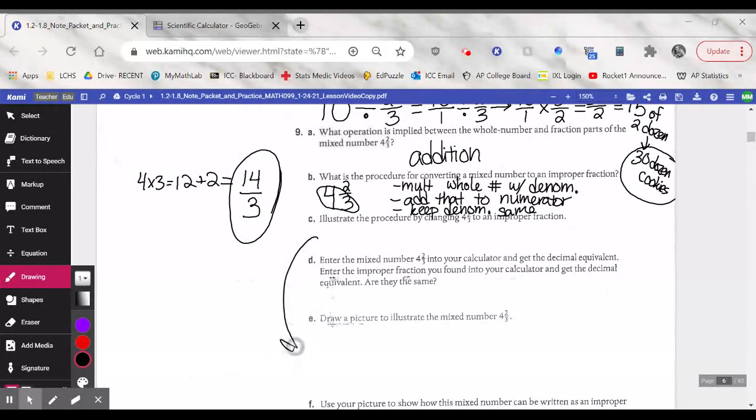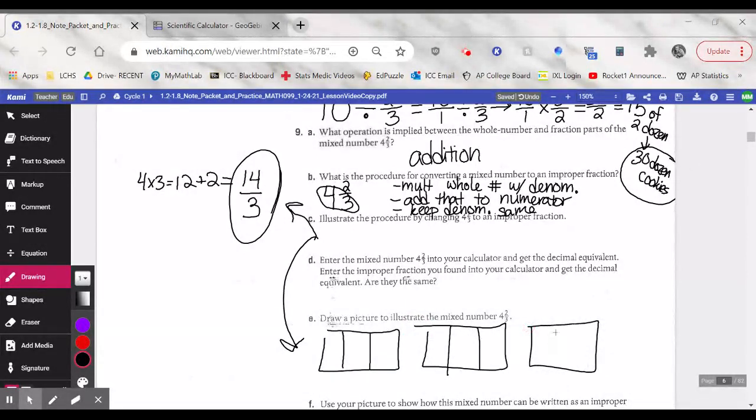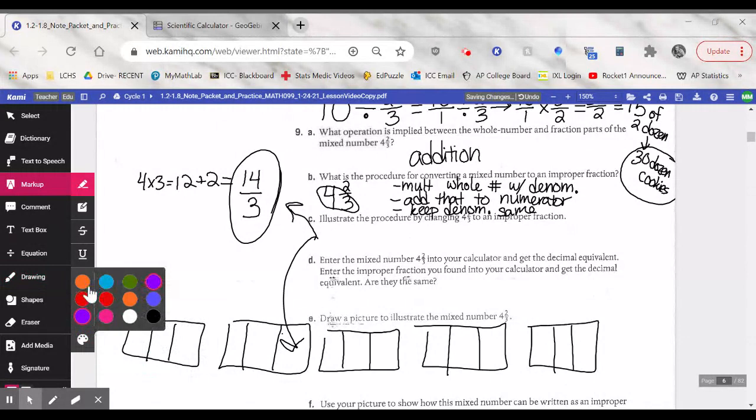So if we were to think of it as everything is in thirds, we need 4 completely filled pieces or bars, like 4 complete wholes of thirds, and then one of them to be 2/3 full.